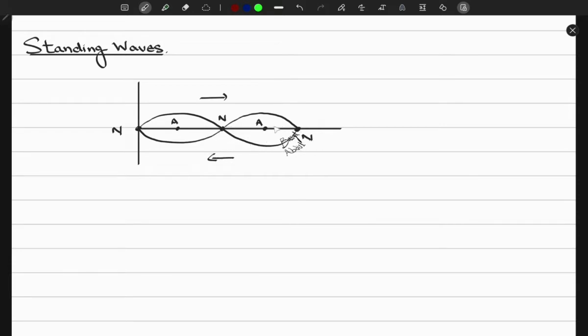The nodes are where we have destructive interference. So this distance from this node to this node is really lambda by 2, right? So it is this distance.